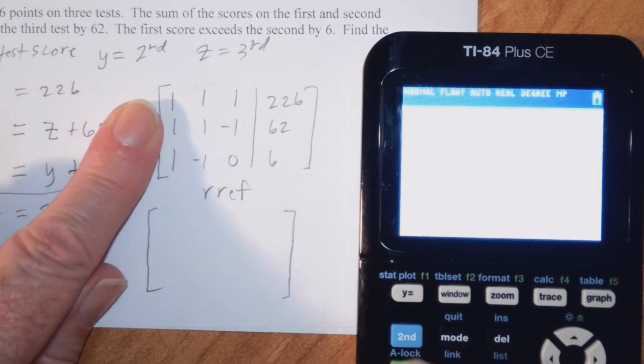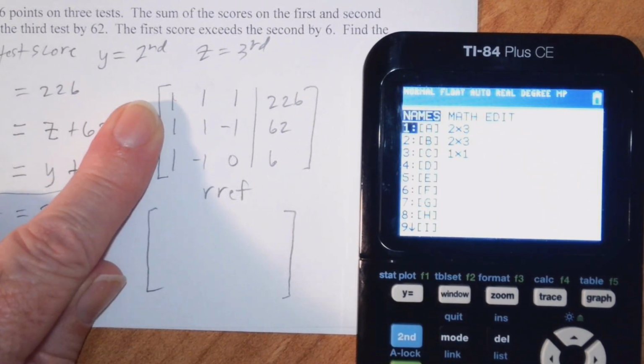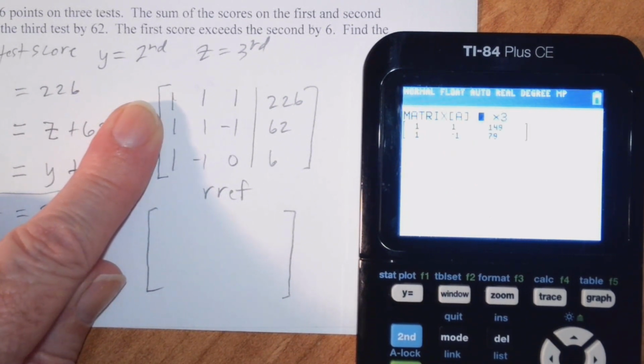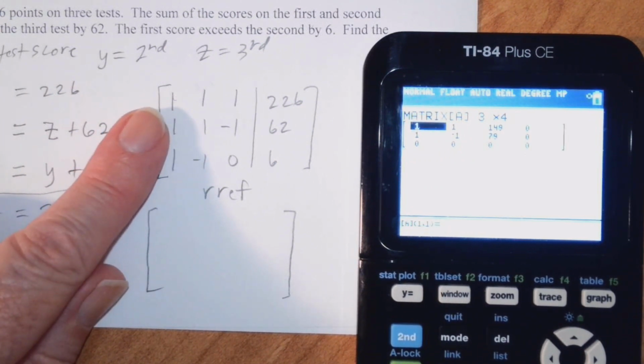Okay, so let me go ahead and do second matrix. We're going to edit, so we need to go to edit and hit enter. This time it's a 3 by 4 matrix, so 3, enter, 4, enter, and then plug in your numbers.